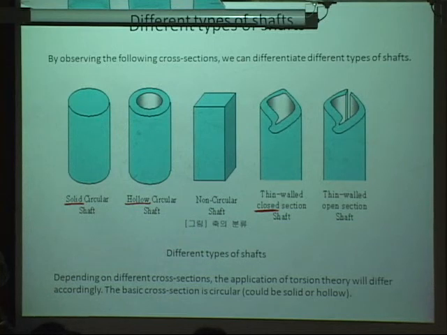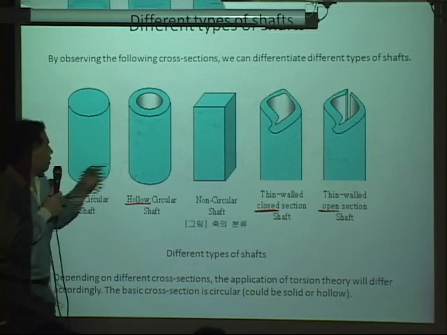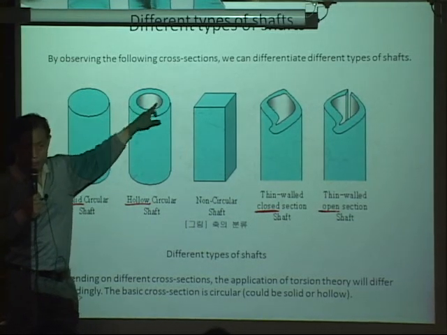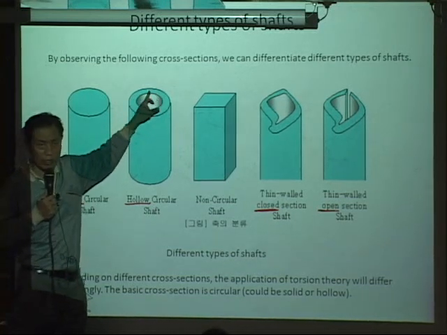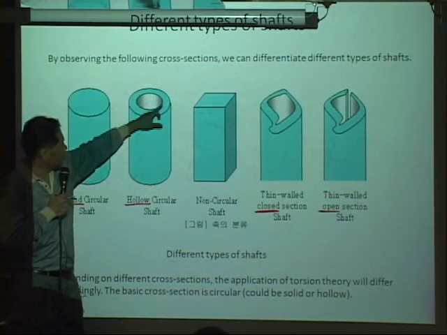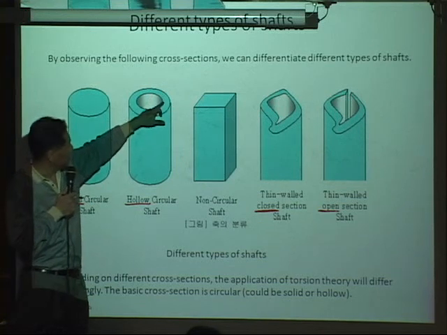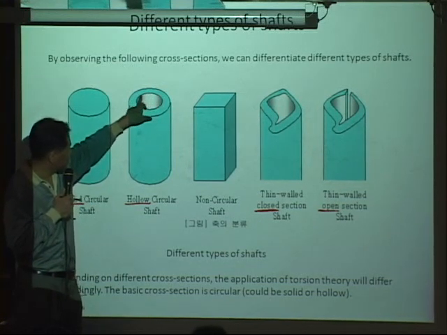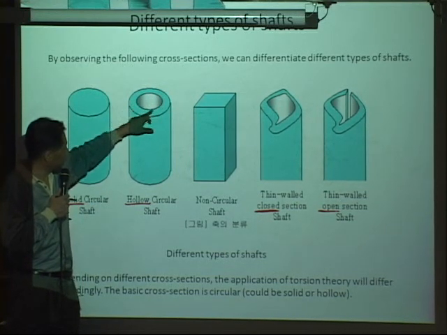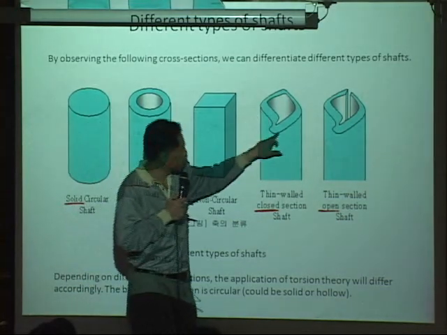And sometimes we say open. This one is closed, meaning a line along this surface is closed like that.